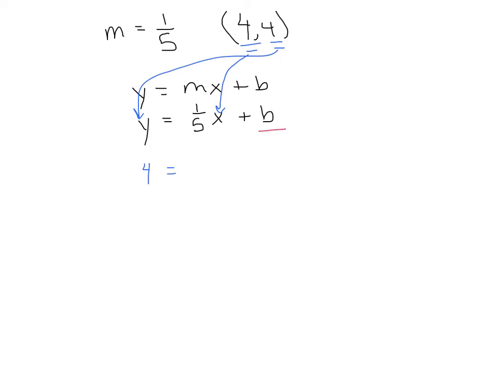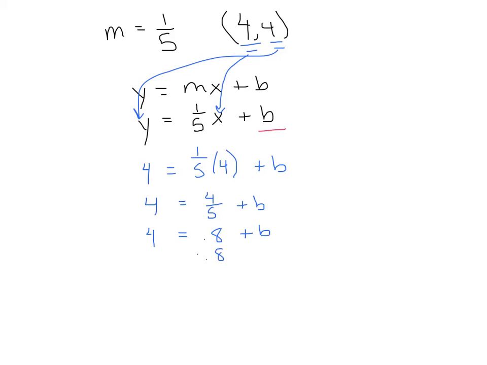4 is equal to 1/5 of 4 plus b. We'll simplify it first. 1/5 times 4 is 4/5. Okay, now it's reasonable to go ahead and change 4/5 into a decimal. It's a terminating decimal, so that's perfectly reasonable, 0.8.